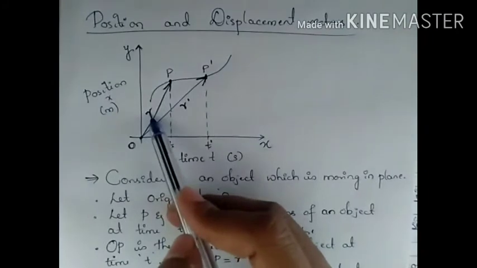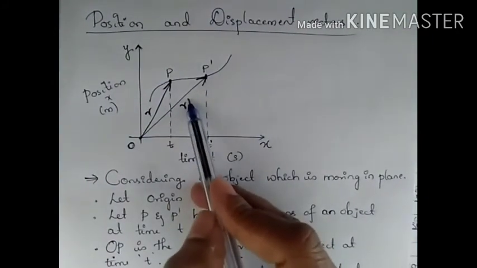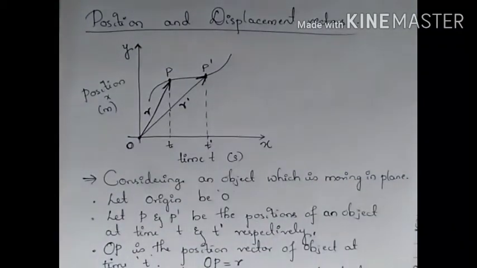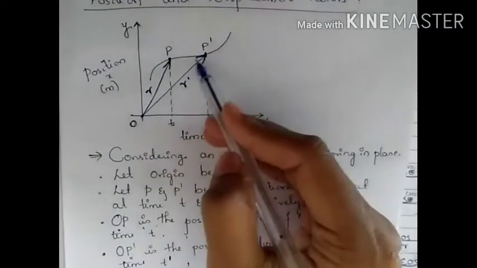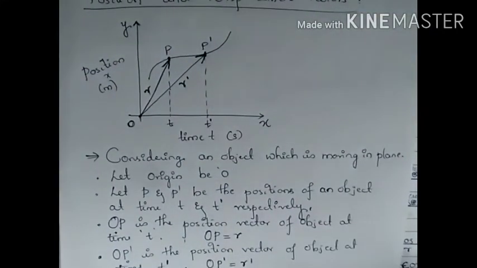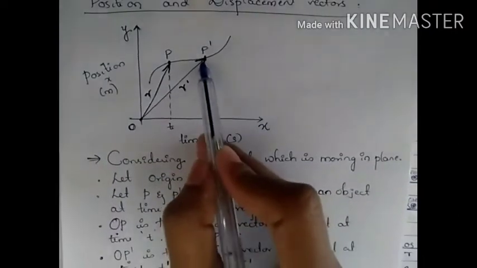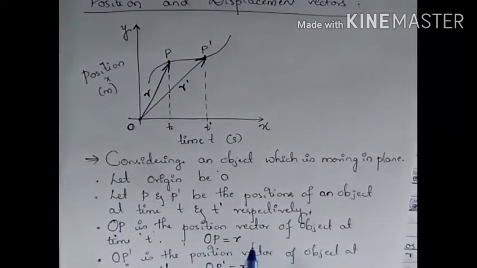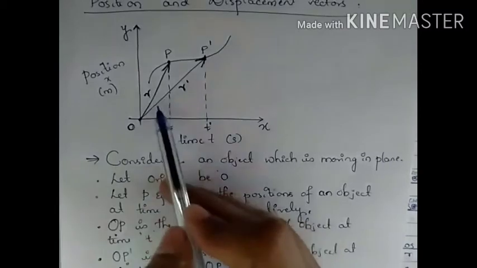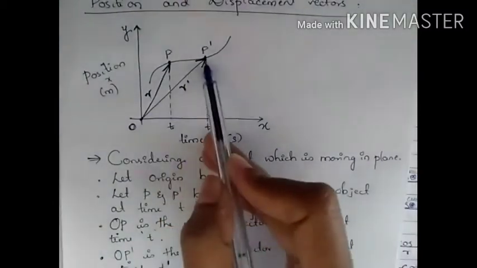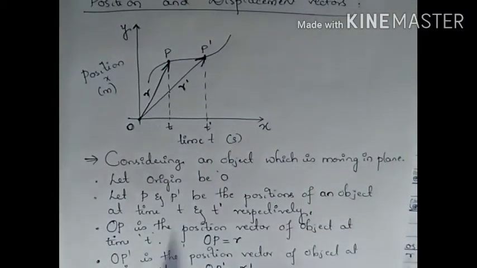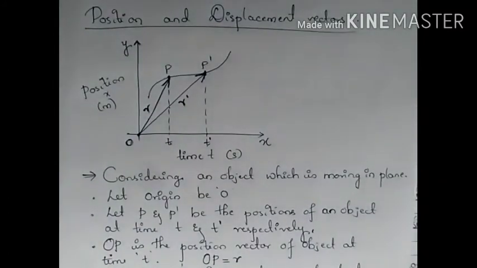For the first you have given it as R, and for the second you have given it as R prime. So the length of the vector gives the magnitude, and the arrow on the top of the vector gives the direction. So from these two vectors you can say this vector has more magnitude than this vector.